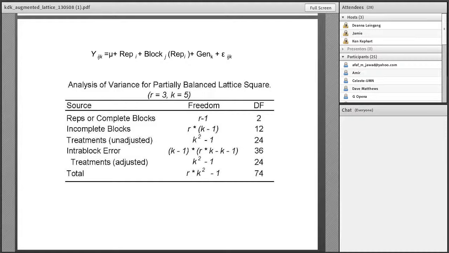And so this is a design where, in terms of separating means, you would calculate standard errors for treatments that do occur together within blocks versus those that do not.